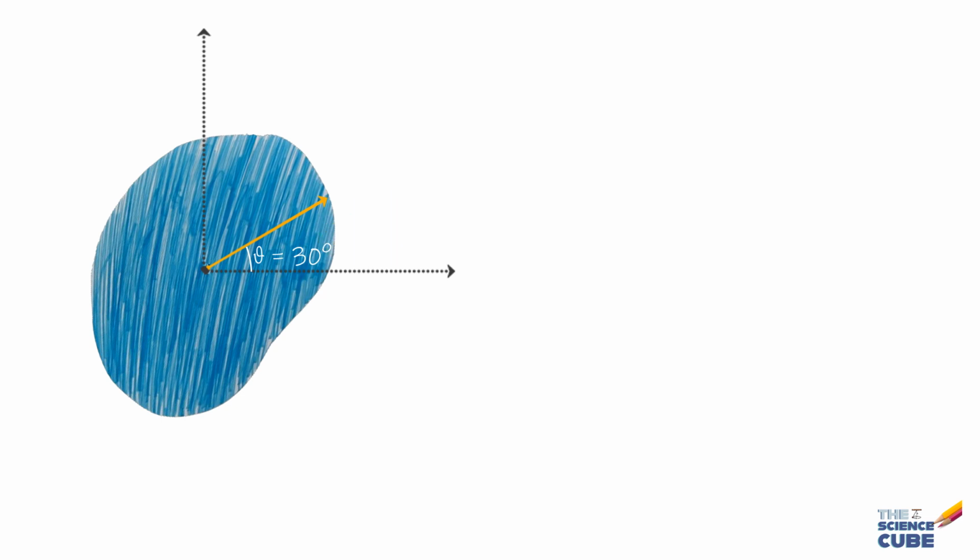So you see, the angular position of the line is also defining the angular position of the object. And this is the way we define the position of the body at any given point of time in terms of angle theta. So here we can say that the angular position of this body is 30 degrees.